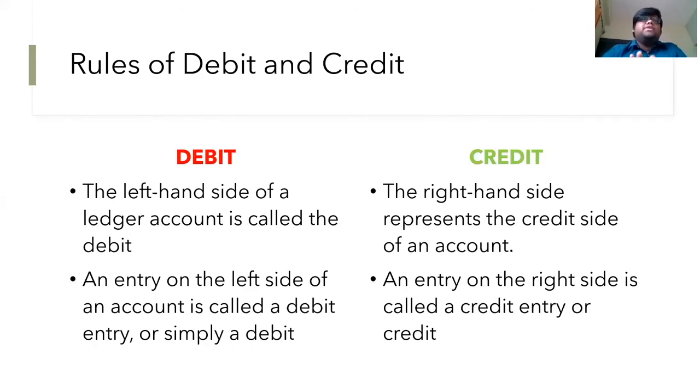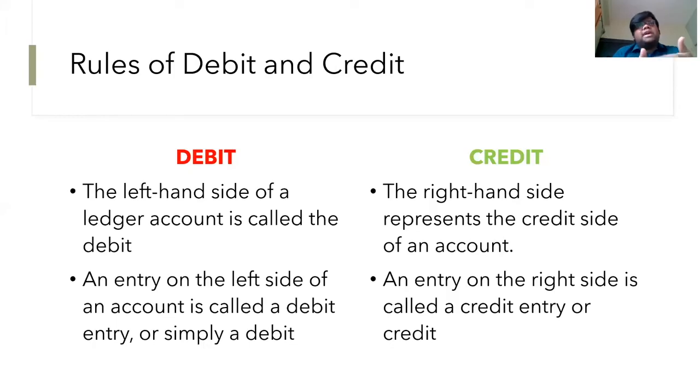So now I'll be talking to you about the rules for liability accounts. Liabilities are recorded on the credit side of the account. Any increase in liability is recorded on the credit side, and any decrease is recorded on the debit side for a liability account. For example, the amount payable to, suppose, United Traders on the first day of the accounting period is recorded on the credit side of the United Traders account.